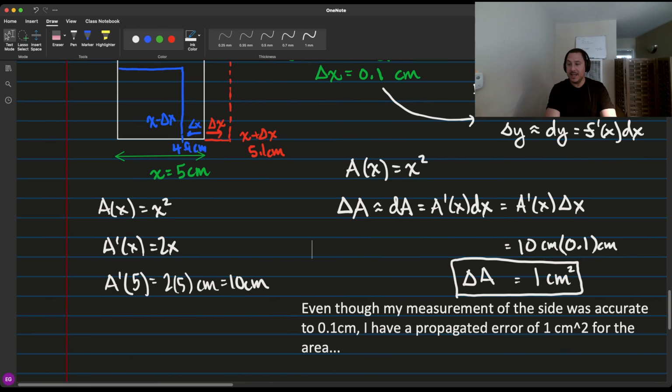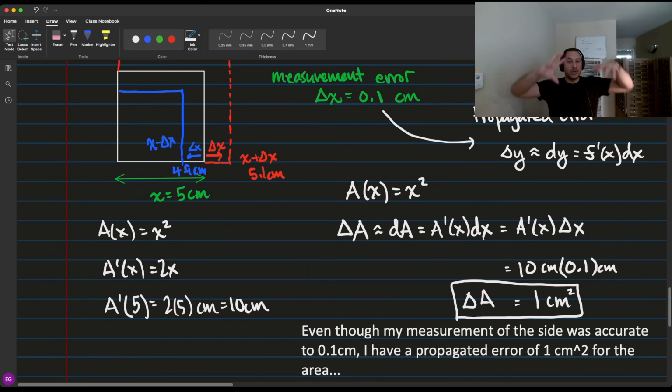In other words, even though I was accurate to measuring the side by 0.1 centimeters, the area that I end up calculating of 25 square centimeters might be off by as much as 1 square centimeter.